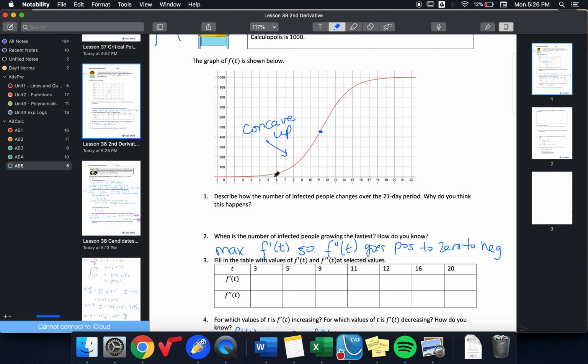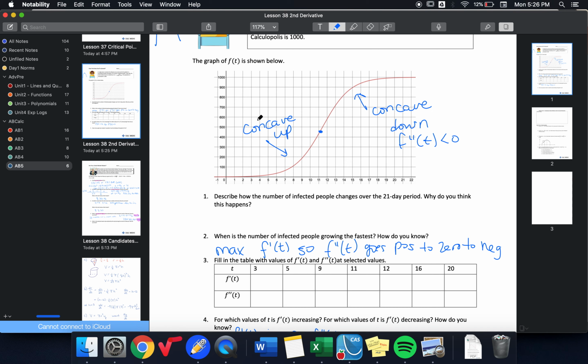That happens at concave up. In this area, I have concave down. This is where the second derivative is negative. My first derivative was still positive though. That slope is still positive. It's just becoming less and less positive.